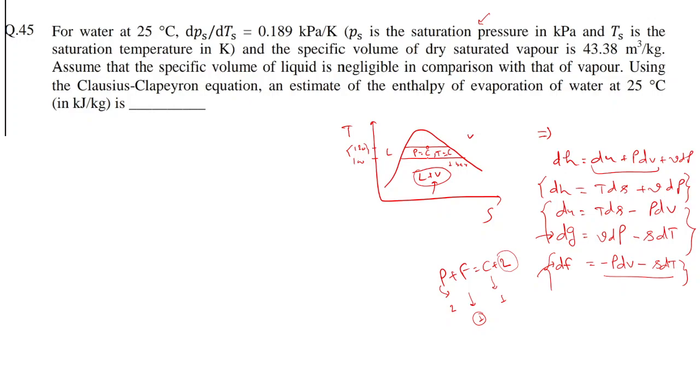So that's why I told 100 degrees Celsius, you told 1 bar, because if you know 100, then you know what the pressure would be. So in the phase change, pressure is constant and temperature is constant. When pressure is constant, dp will be 0. When temperature is constant, dT will be 0, which means at the phase change, the change in Gibbs free energy would be 0. Okay, is it correct or not?